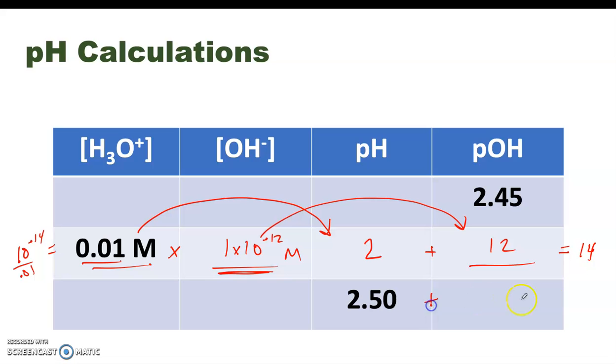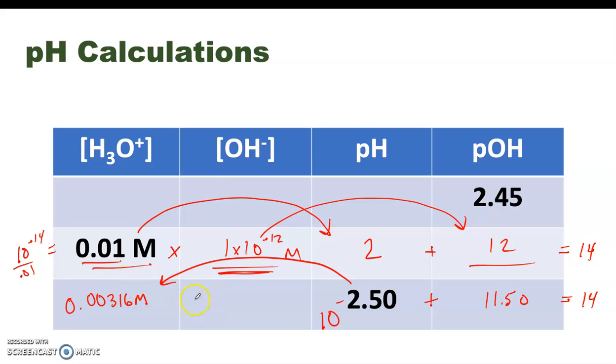Same thing here. 2.5 plus what equals 14, and that is 11.50. Now to go backwards here, to go this way, I need to take 10 to the negative 2.5. That's how you go backwards. So I go 10 to the negative 2.5, and you get 0.00316 molarity.